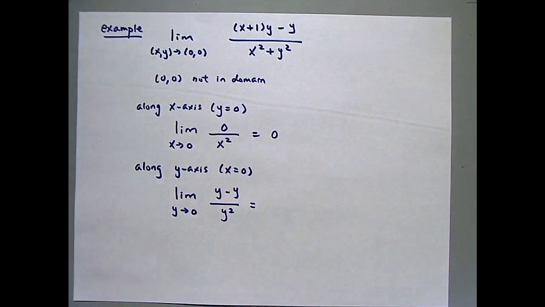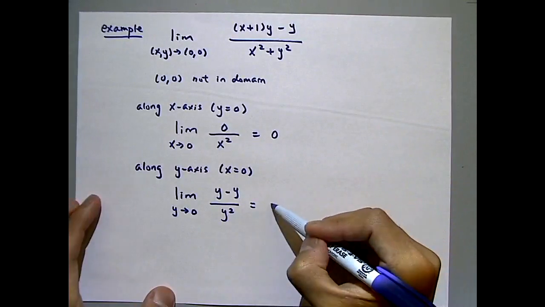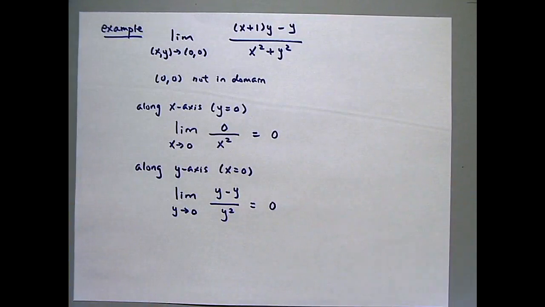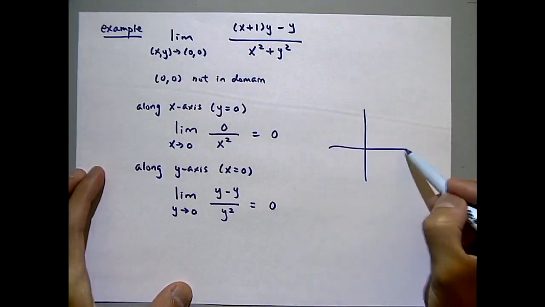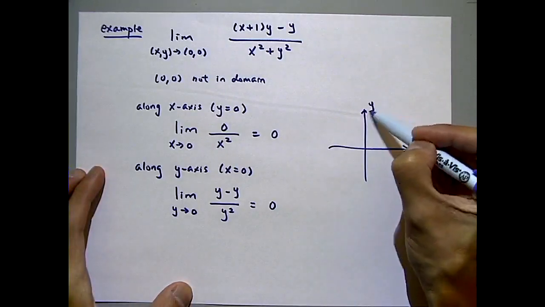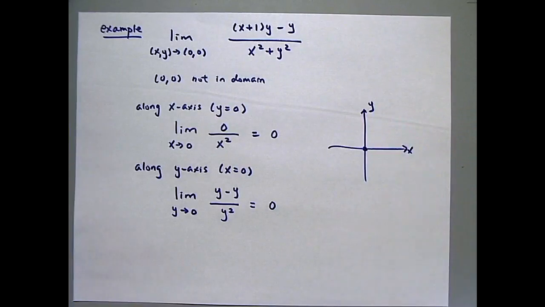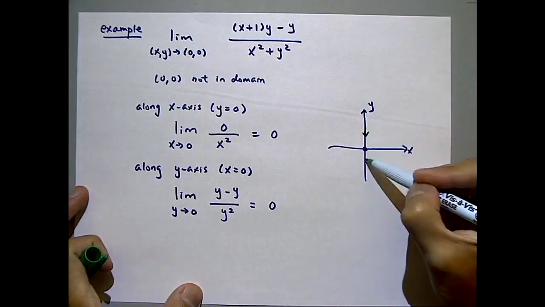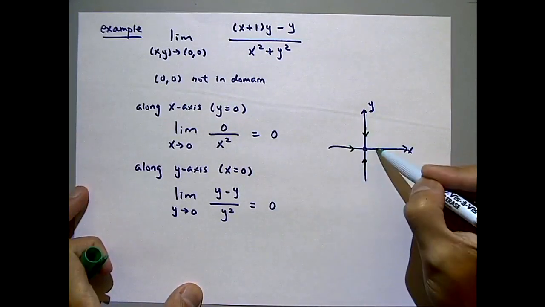Same story here: we have 0 upstairs and a finite non-zero number downstairs. So this is still a 0. Okay, so we checked out 2 ways to get there. North and south, east and west, we get the same thing.